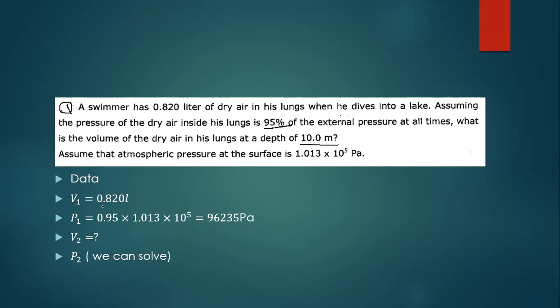So volume 1 is the volume that they have. Obviously they are at the surface. If this is a pond, this person is on top, but then they go deeper into the water.